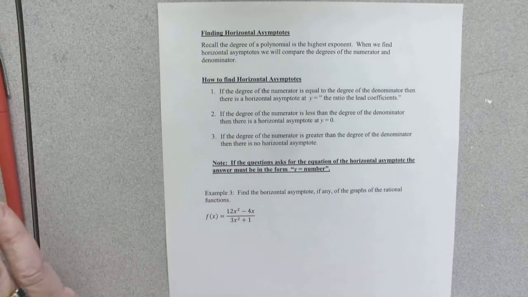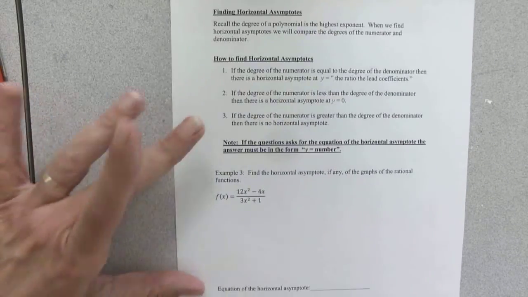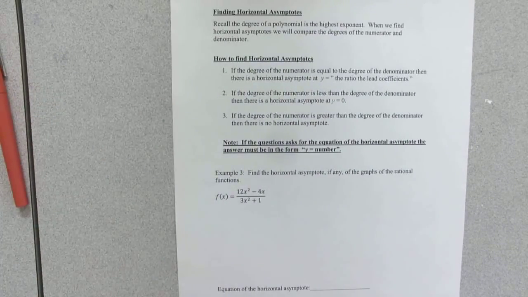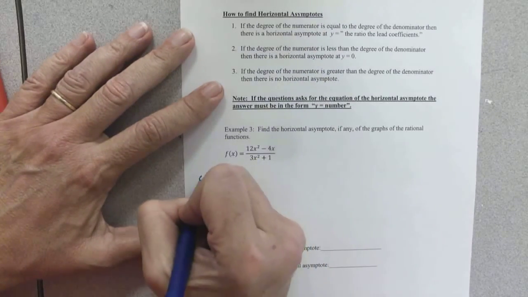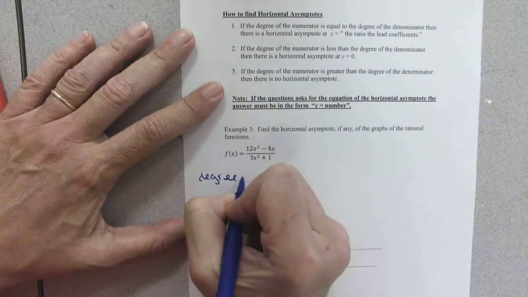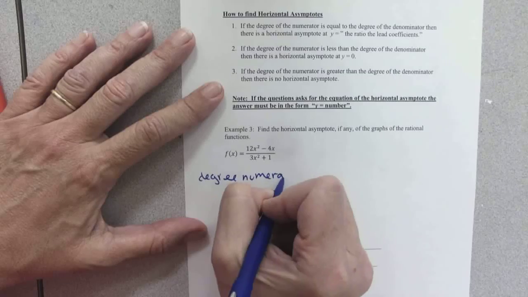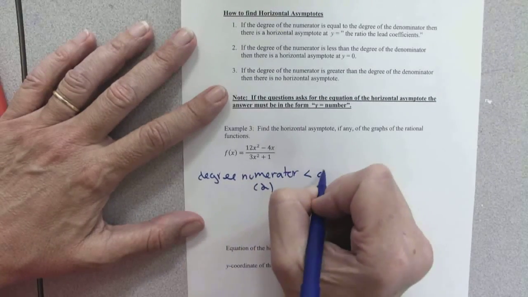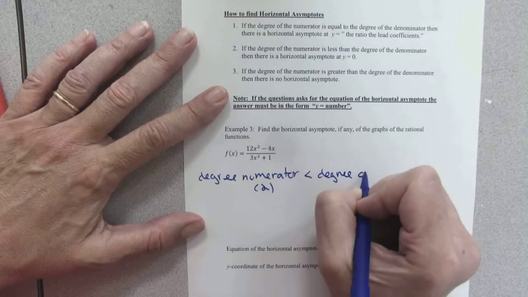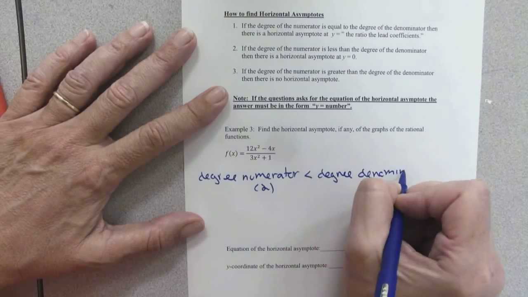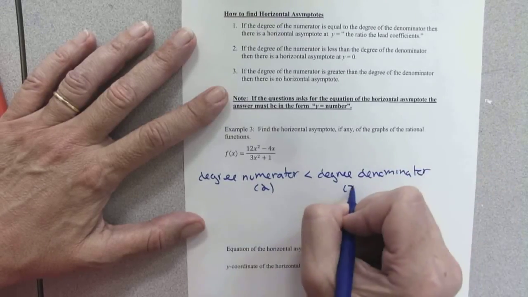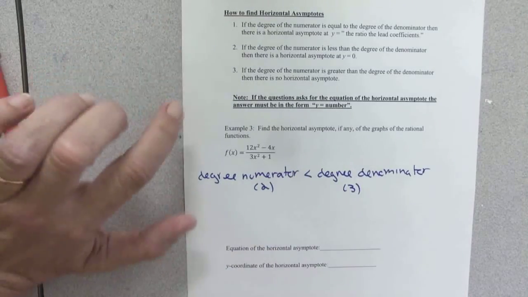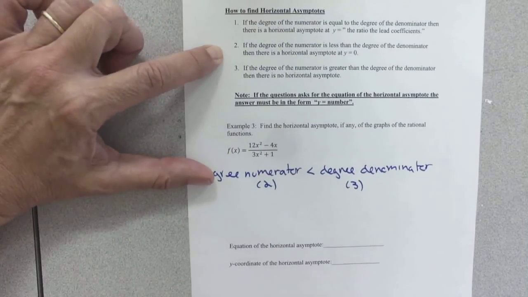So find the horizontal asymptote, if any, of the rational functions. It's all about the degree. So I look here, and the degree of the numerator, which happens to be 2, is less than the degree of the denominator, which happens to be 3. So I go up here and look at option number 2.